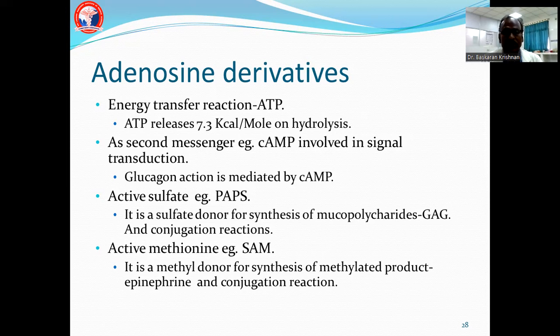Cyclic AMP acts as a second messenger, as already mentioned, for glucagon. Then active sulfate, PAPS, phosphoadenosine phosphosulfate, acts as a donor of sulfate groups for the synthesis of mucopolysaccharides, glycosaminoglycans, and also for conjugation reactions.